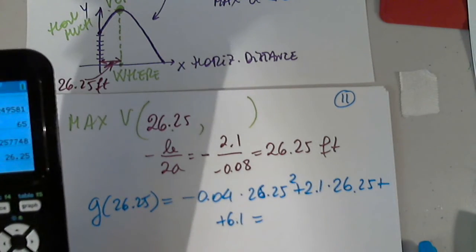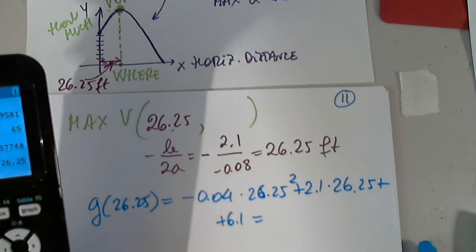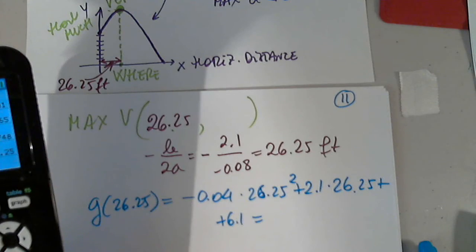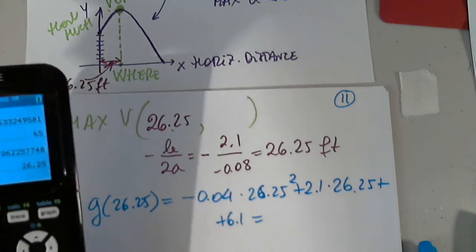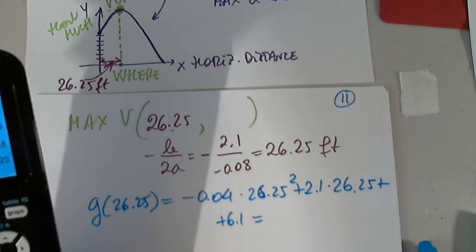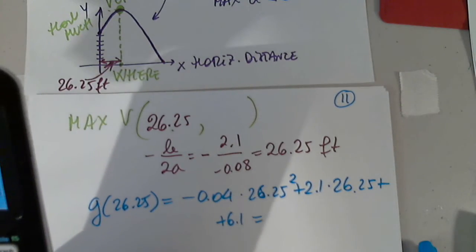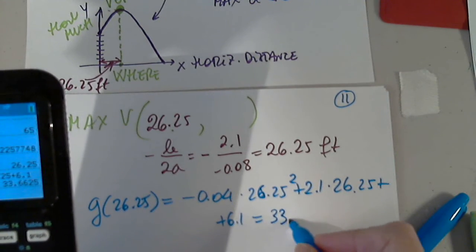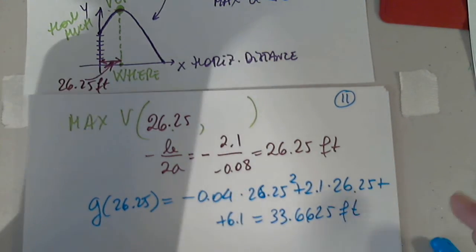Negative 0.04 multiplied by 26.25 squared, and then plus 2.1 multiplied by 26.25, and then plus 6.1. 33.6625. Also feet.